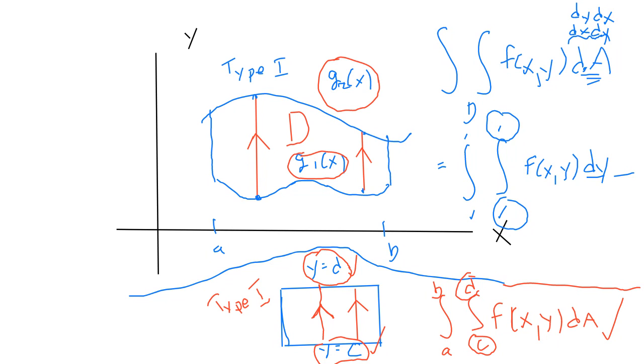So let me ask you, what's going to go in this bottom circle here? What's the bottom limit if we're doing dy dx?